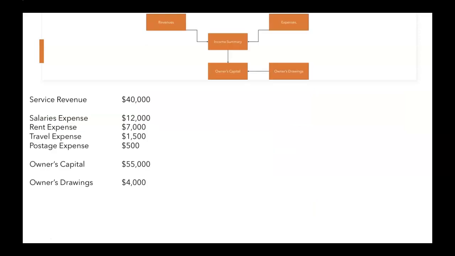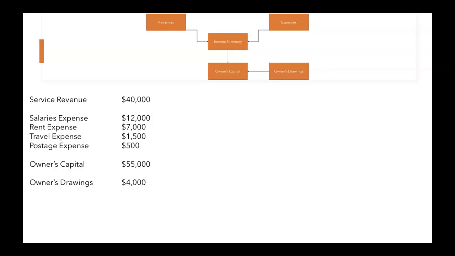So let's walk through this example. We have some account balances over on the left side, and we're going to close all of these accounts. We said the first step was to close revenues to Income Summary. Whenever you want to close an account, we're making that account's balance 0. Service revenue has a $40,000 balance, and it's a revenue account, so that's a credit balance.